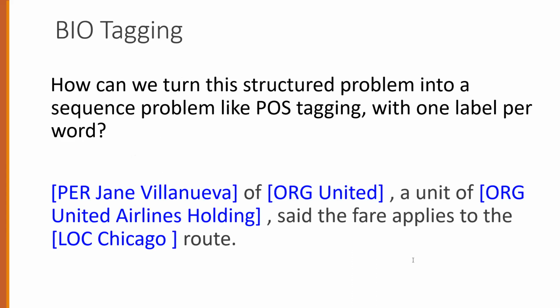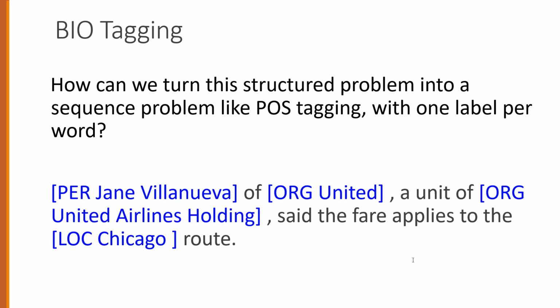The standard approach to sequence labeling for a span recognition problem like NER is BIO tagging. This is a method that allows us to treat NER like a word-by-word sequence labeling task via tags that capture both the boundary and the named entity type. Consider the following sequence.